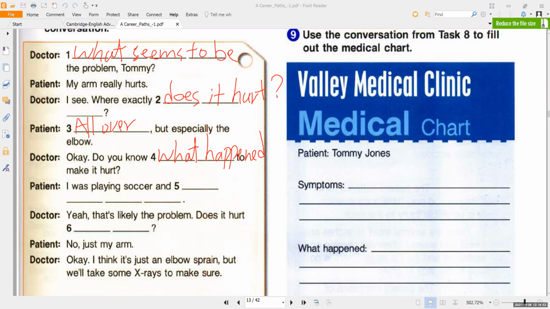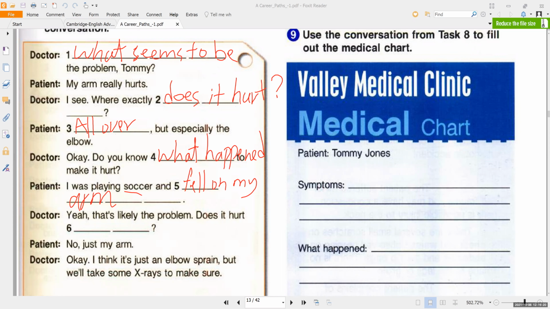I was playing soccer and fell on my arm. I was playing soccer. Soccer means football. And fell on my arm. Fell on my arm. The last one. Yeah, that's likely the problem.